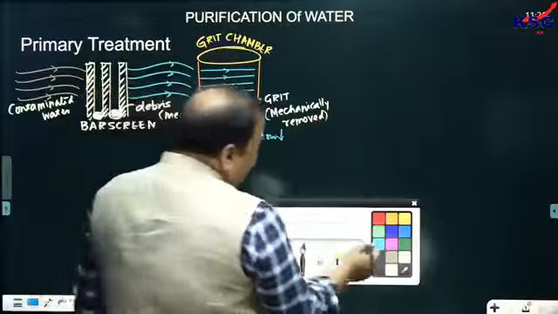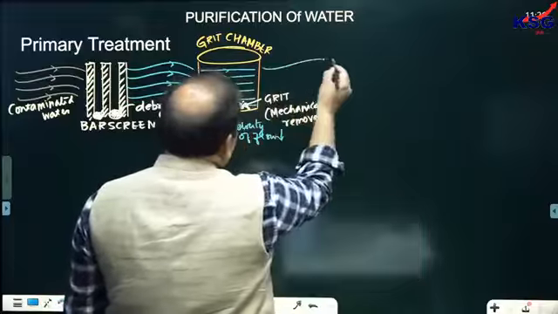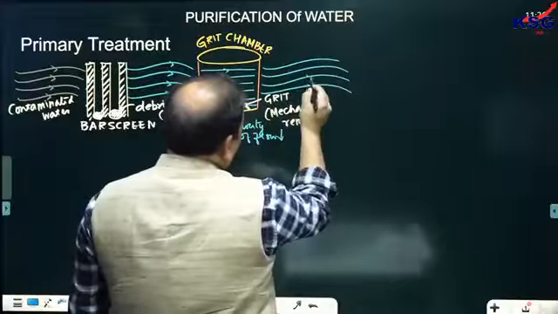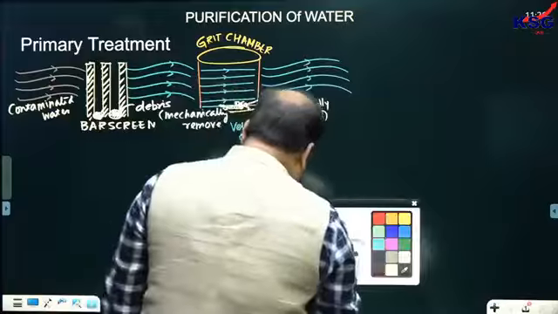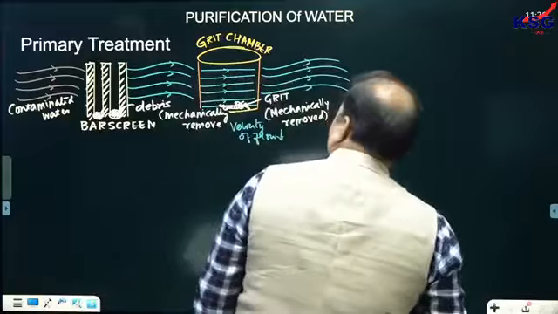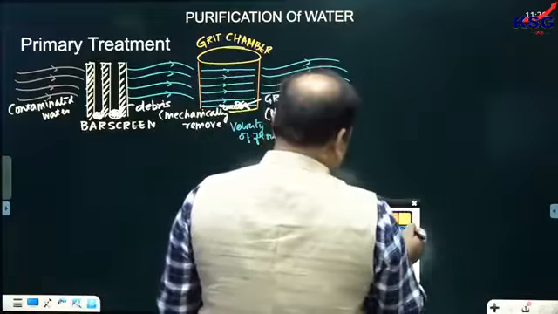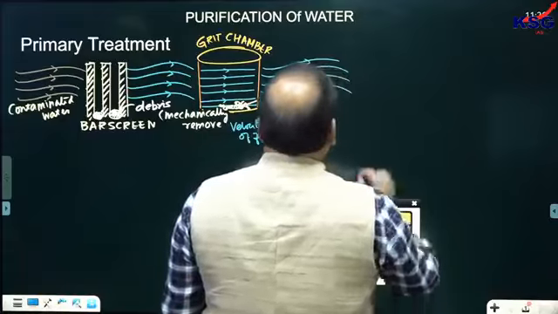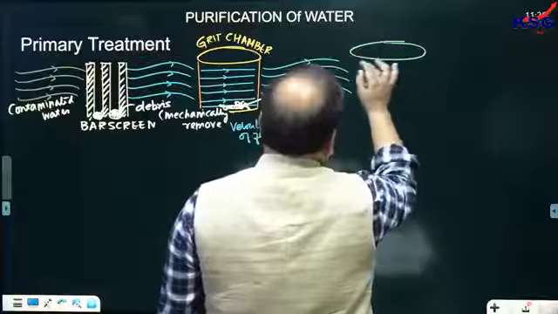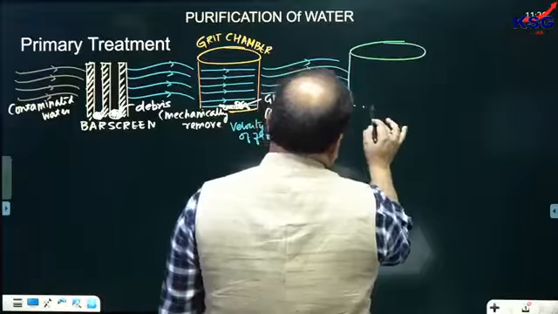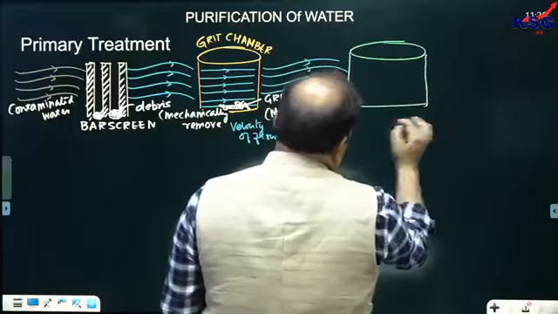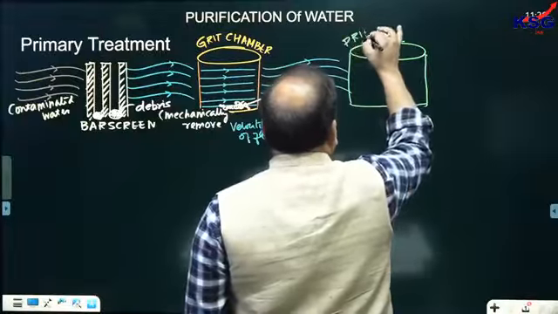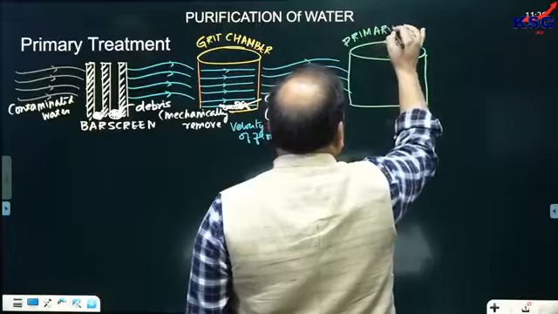Then we are passing this water through another chamber. And this chamber is called as what? This chamber would be referred to as primary clarifier.